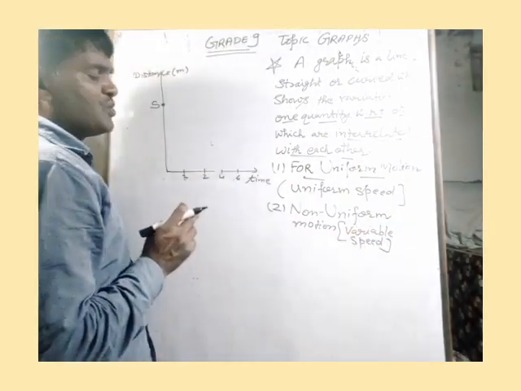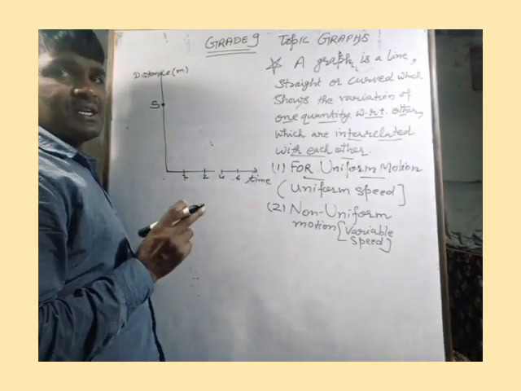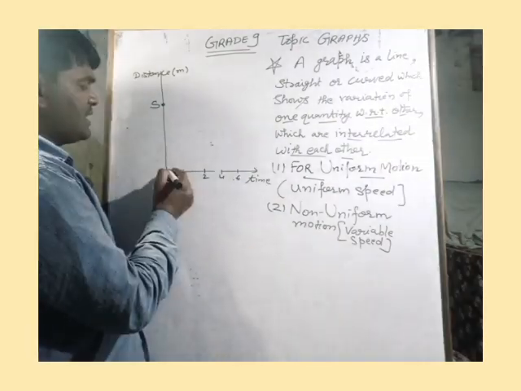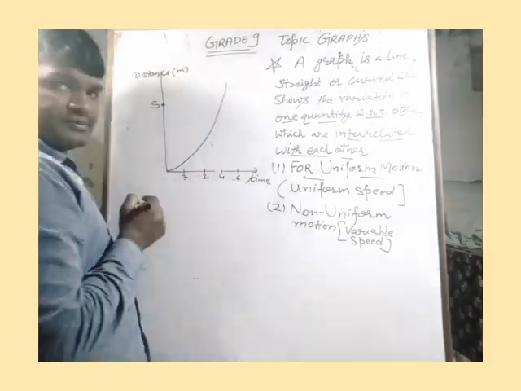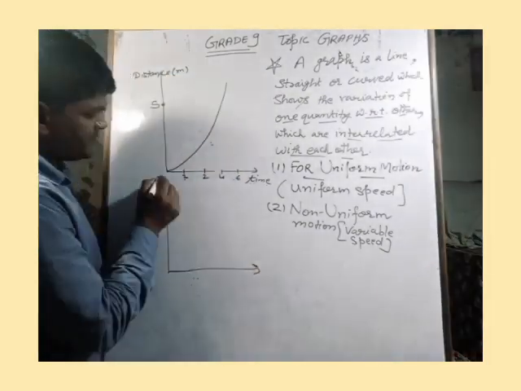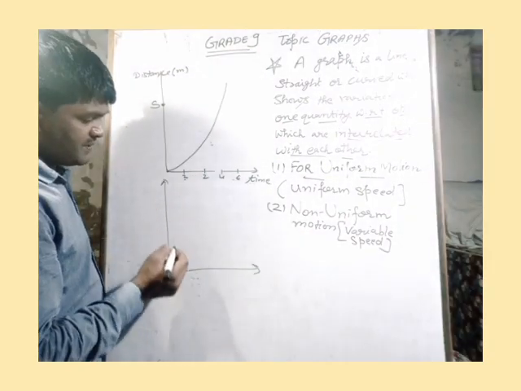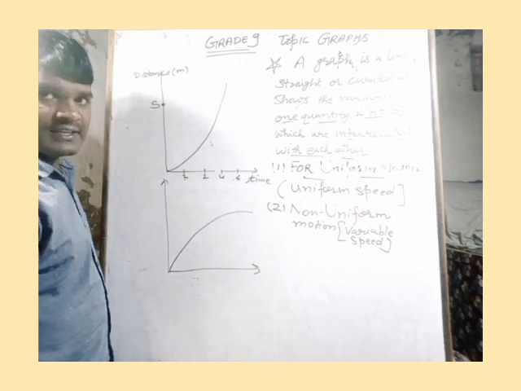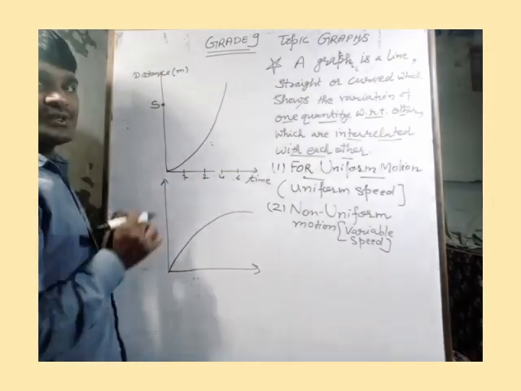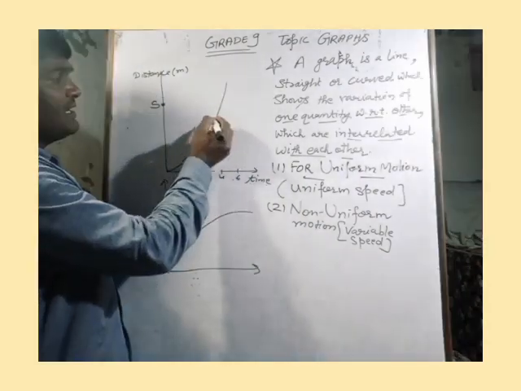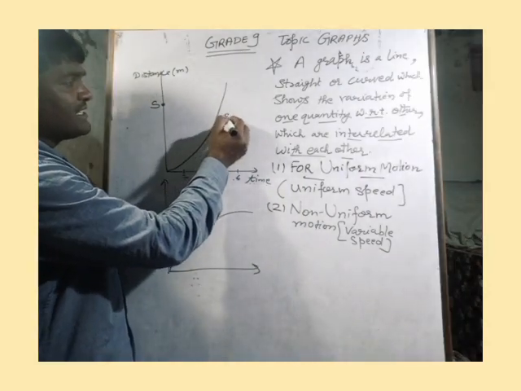When the object is moving with variable speed, the distance time graph may be either like that, or like that. See the difference between the two graphs. What type of information is it having?